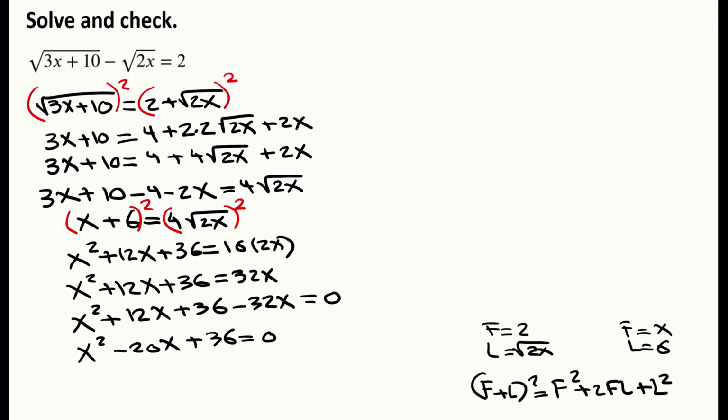So now we need to factor this. Now remember, this coefficient here is 1. So we had a nice trick for those. We kind of make a big X and we look for two numbers whose product is this last number, positive 36, and whose sum is the coefficient of the middle term, which is negative 20. Now, if you can do that in your head, that's fine.